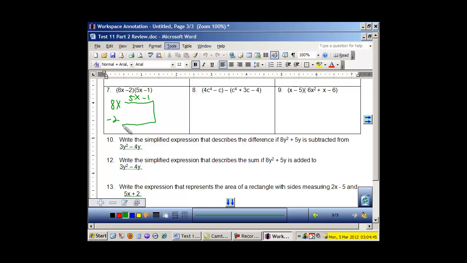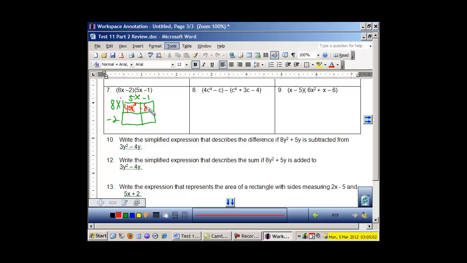Do the same thing over and over and over. So that would be 8 times 5 is 40x squared, x times x is x squared. When you multiply, you add the exponents.